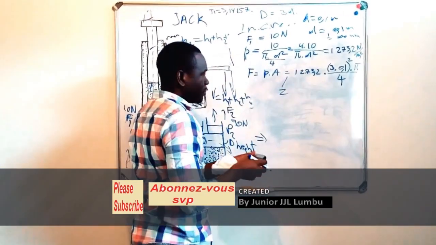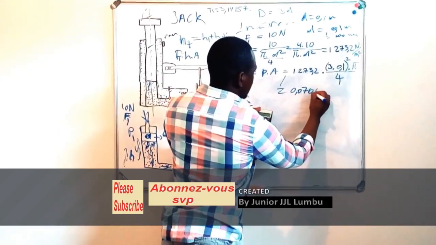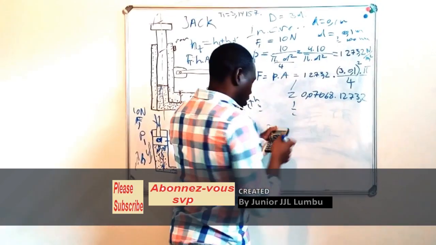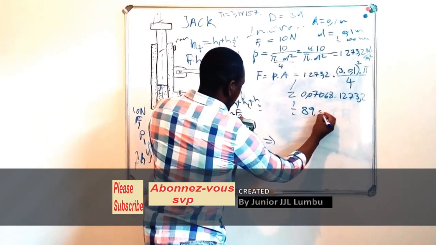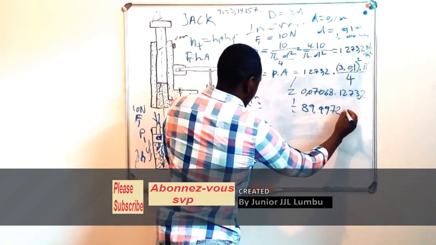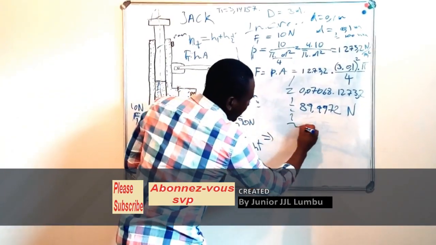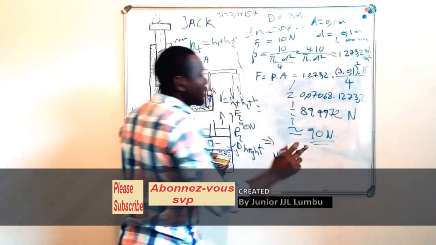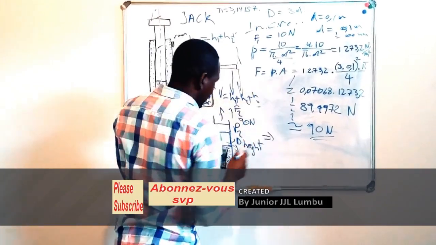What am I getting here? I'm having 0.07068 times 1273.2, which equals 89.9972 Newton. So that one there is actually 90 Newton, as it was said. Okay, 90 Newton. This is just what I said.